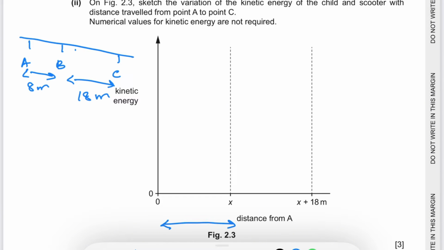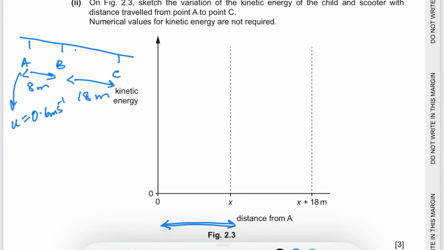The kinetic energy is going to increase. That means you're going to see a positive gradient. Now let's look at where the starting point for this child will be. At point A, the child has a non-zero kinetic energy value, since at point A, remember, her initial velocity was 0.6 meters per second.